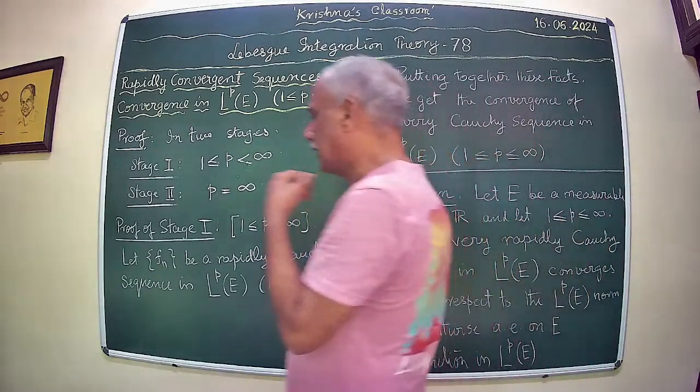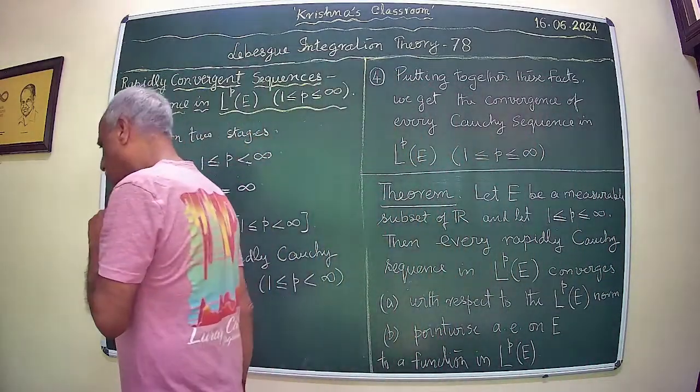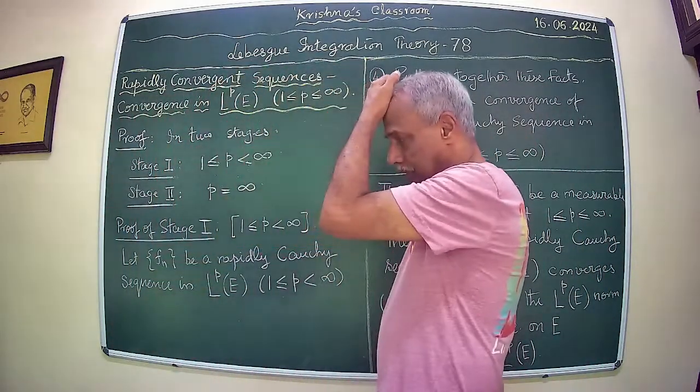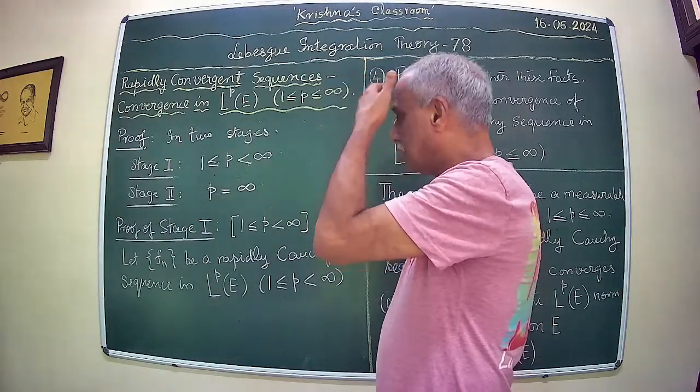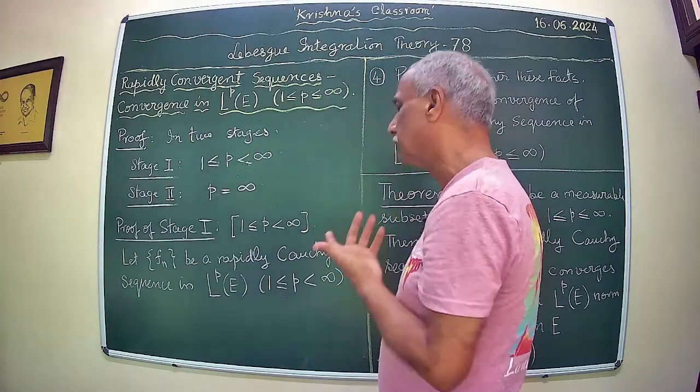So each Fn is an extended real valued function. Almost everywhere it is real valued. The third property is that the integral over E of mod Fn to the power p is finite.